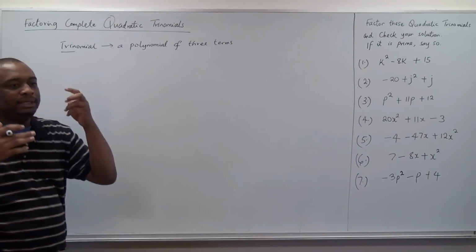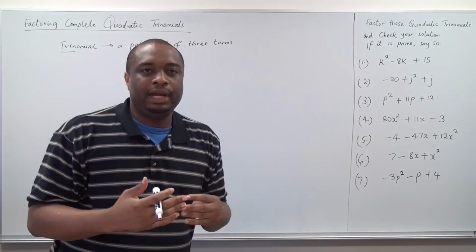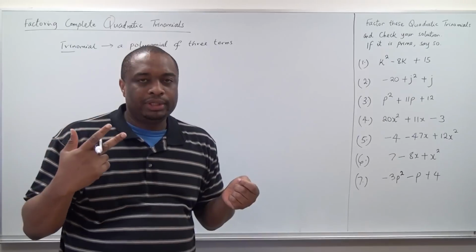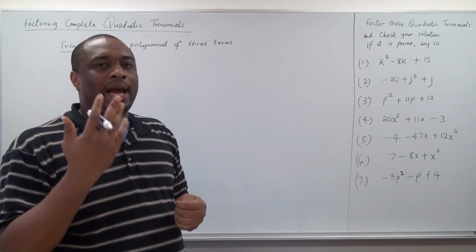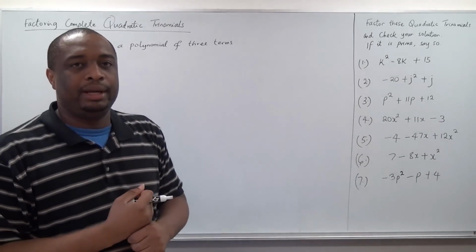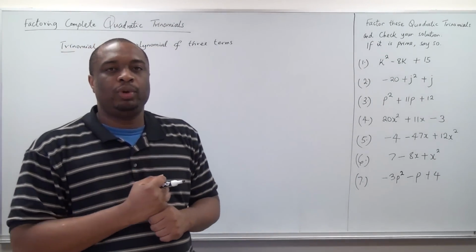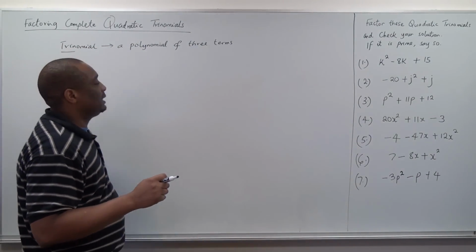So quadratic means that the highest exponent of the variable in that expression or equation is 2. And then trinomial means a polynomial of 3 terms.